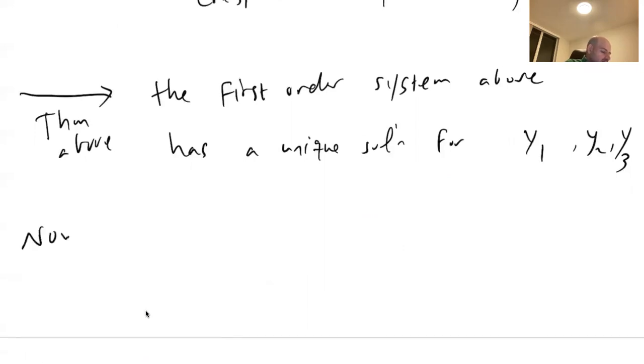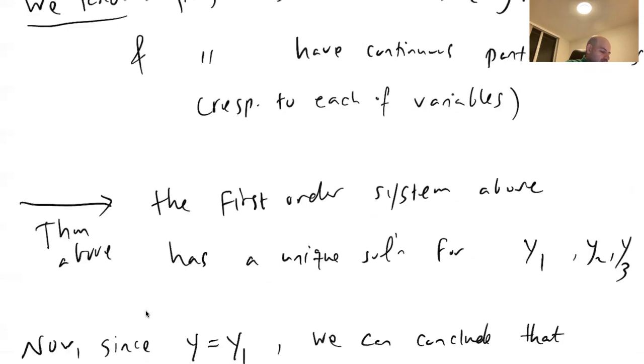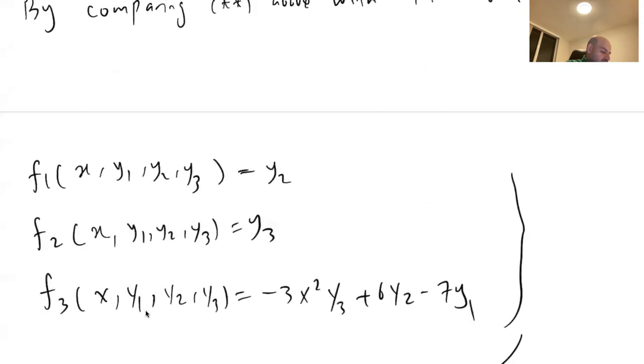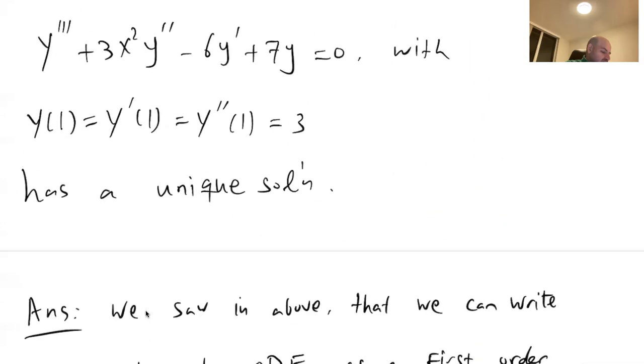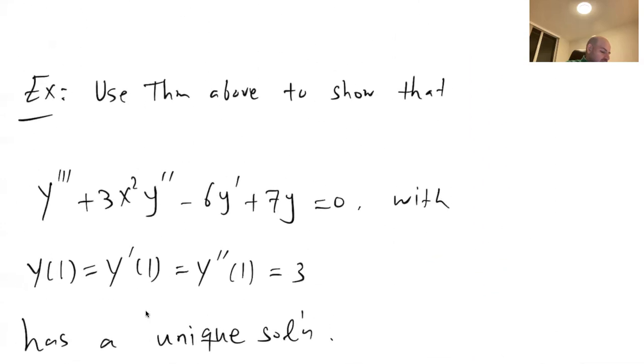Now, since y is the same as y1, we can conclude that the ODE that was given to us originally, which was this equation, has a unique solution for y.